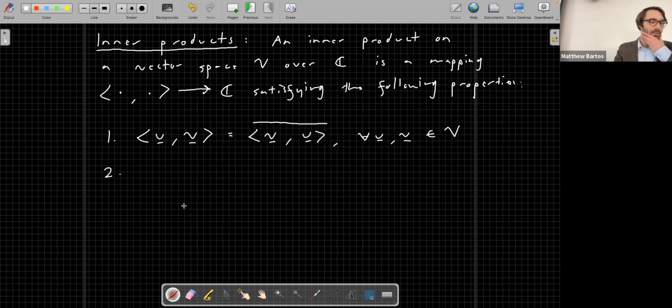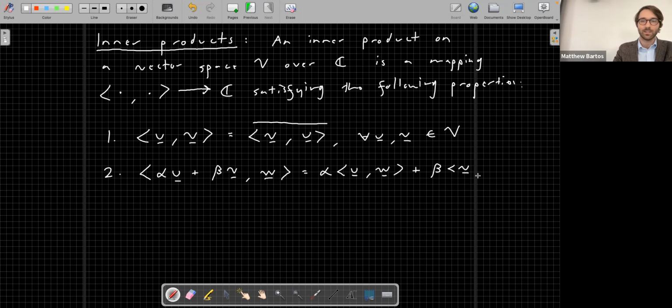Great. The second property is called bilinearity. So it's not quite the same as linearity, but it's close. If we have u and v in our vector space, and we take alpha u plus beta v, where alpha and beta are some scalars, and we take the inner product of that sum with another vector w, this is equal to alpha times the inner product of u with w plus beta times the inner product of v with w.